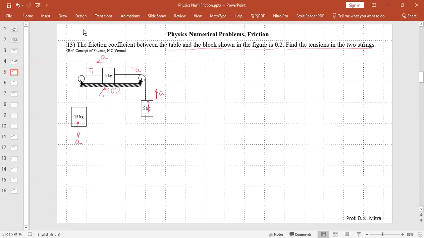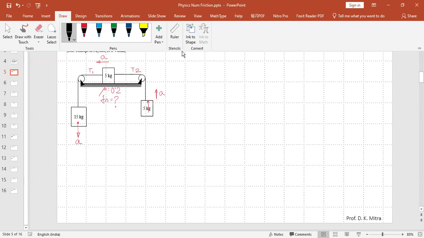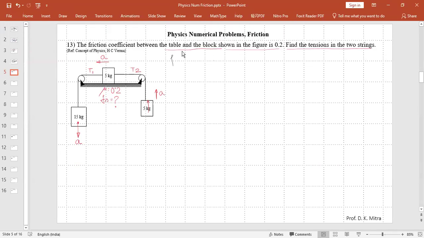Let's find out the frictional force F. This frictional force F is 0.2, given here, multiplied by what is its weight? 5 kg.